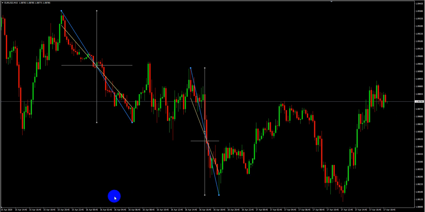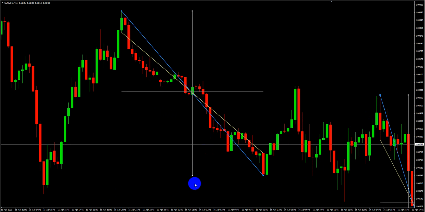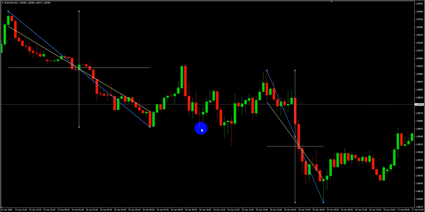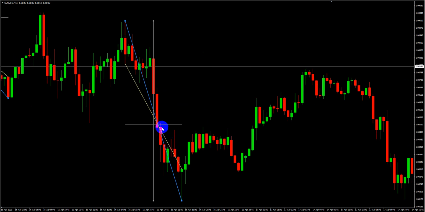Now, the next issue with the MT4 here is that by this type of calculation, we cannot find the actual time of the cross, because the cross point of these two trend lines might be on a specific candle, or it might not be exactly there.